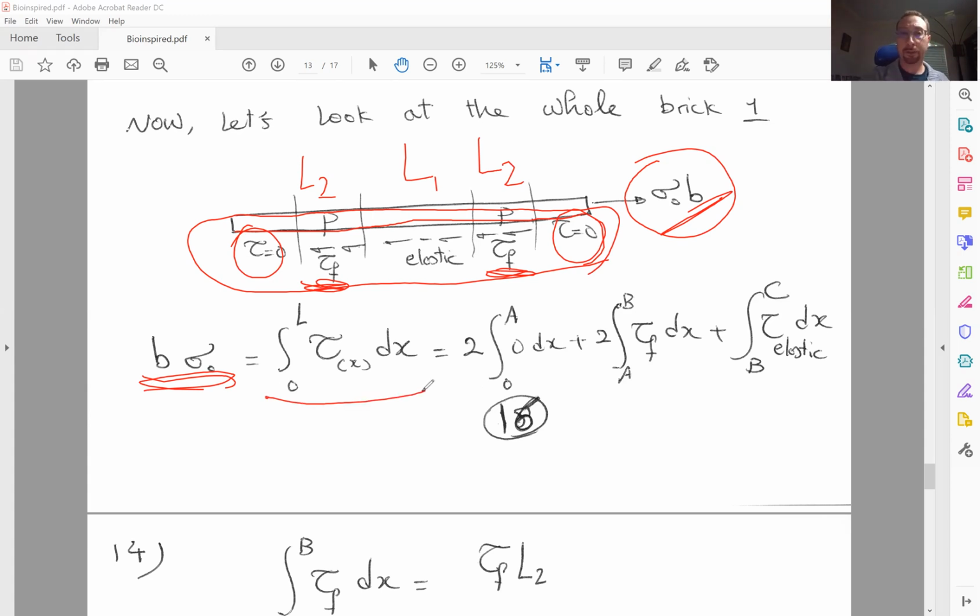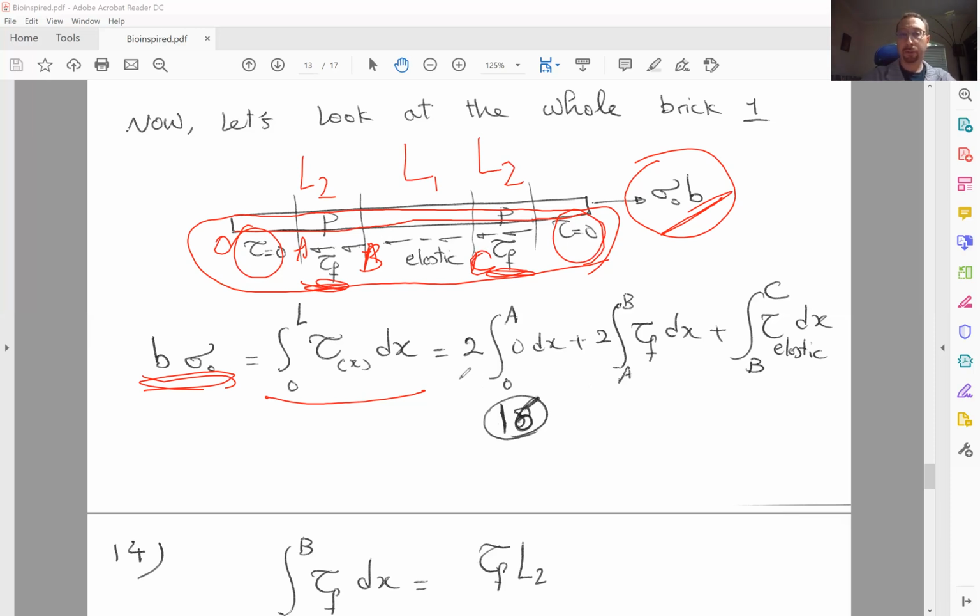I break it from O to A, from A to B, and from B to C. And I have symmetry.